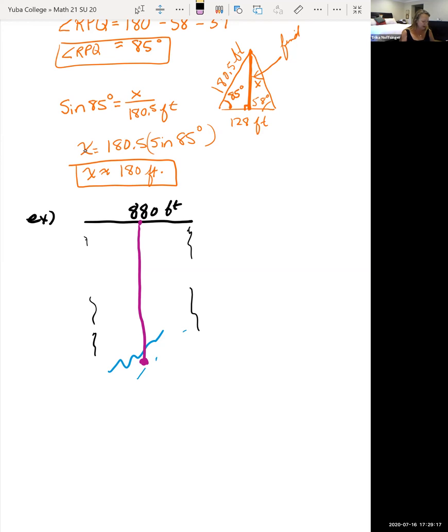Okay, so let me go back and look again at the information. It didn't even say anything about the angles, but it just gives it.